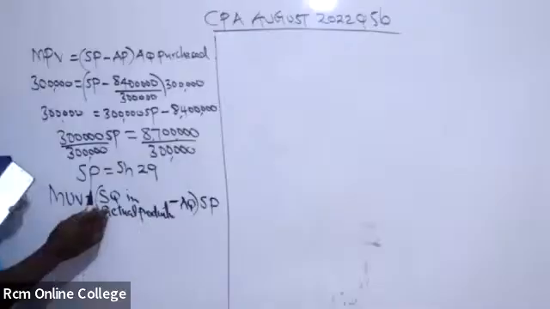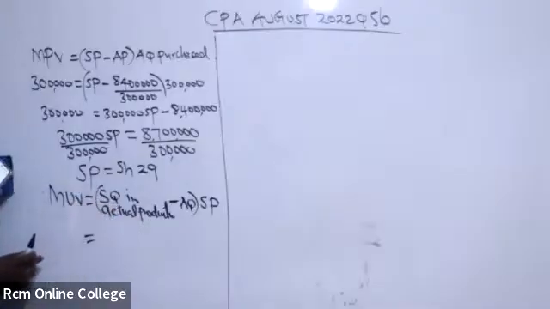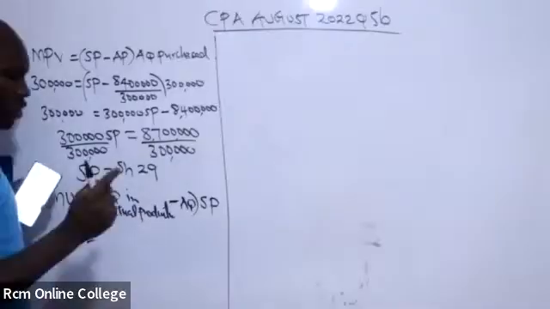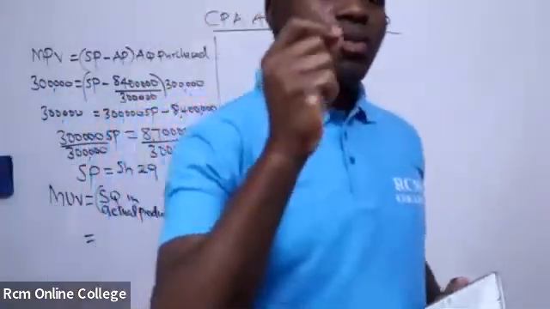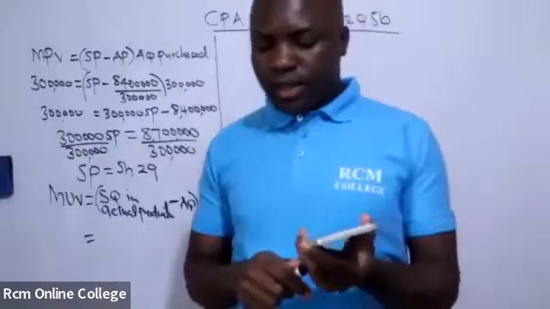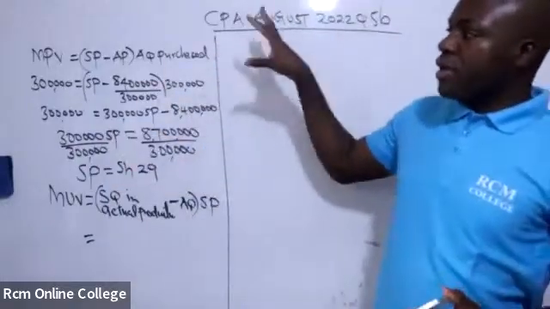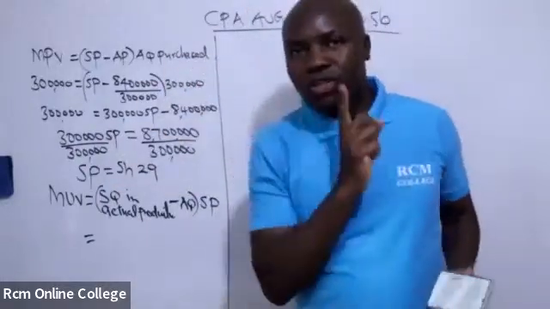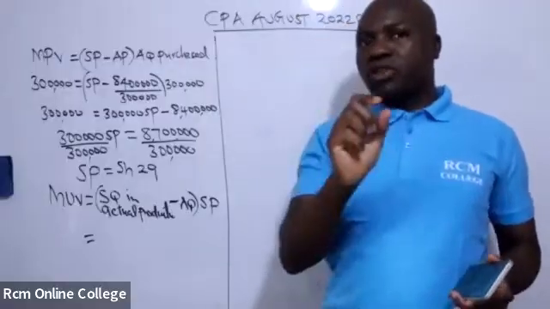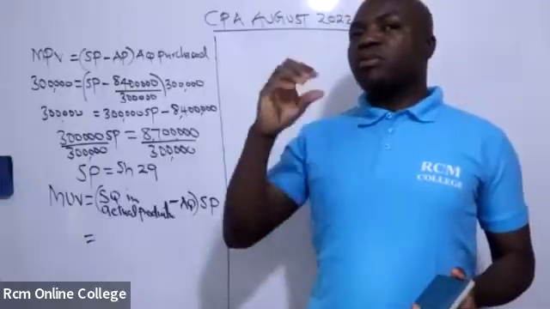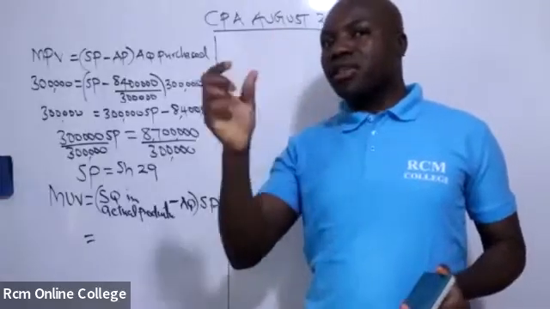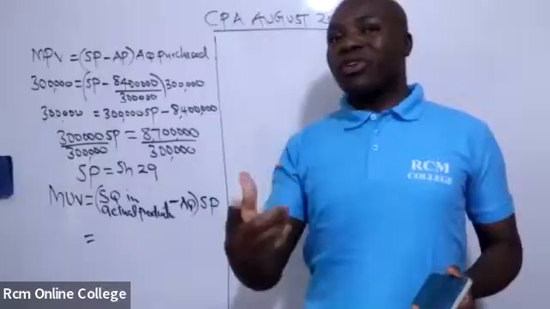So I'll come here and talk about standard quantity of raw material in actual production. What are we producing? We are producing the finished product. So please get to understand that in this topic, the company does production, and for them to do production, they get raw material. So whatever is being purchased, whatever is being paid for is raw material, not finished product.